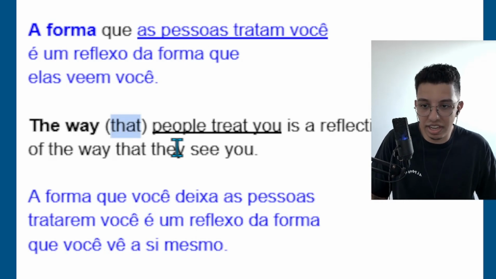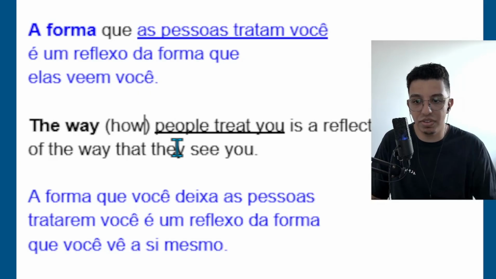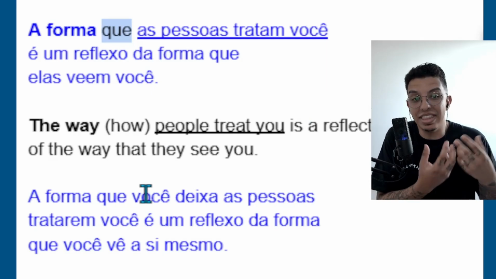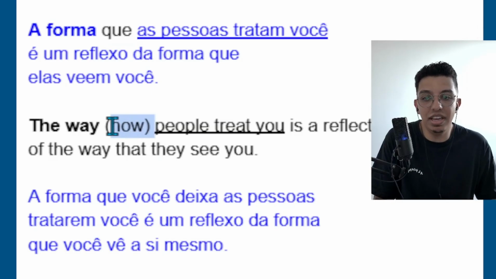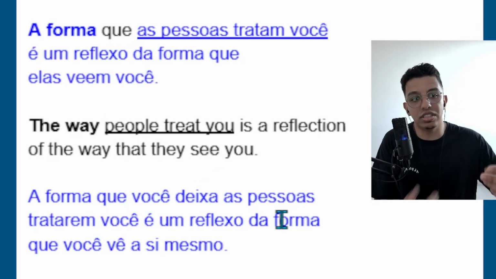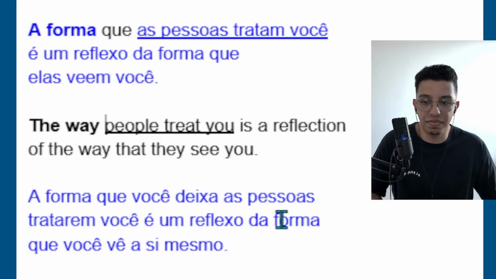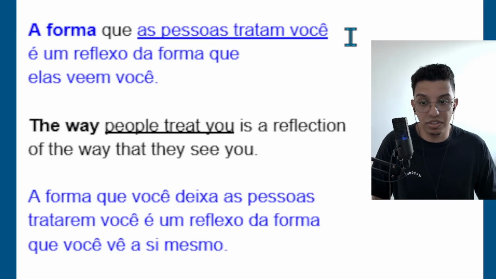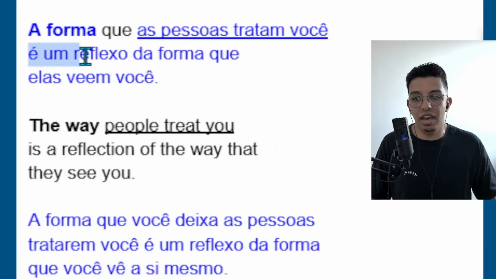Or if it makes more sense in your mind, you can visualize this que as how: the way how people treat you. But in English, you don't use all the time those conjunctions. So, a forma que as pessoas tratam você, the way people treat you, is a reflection.